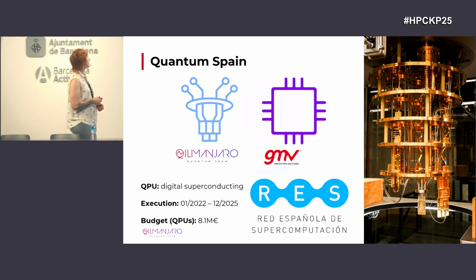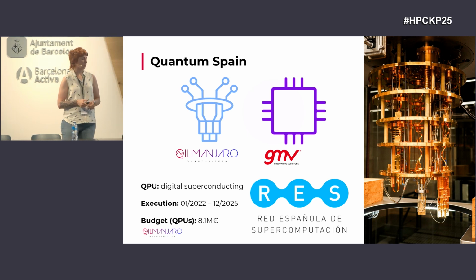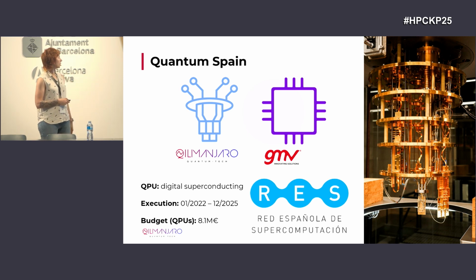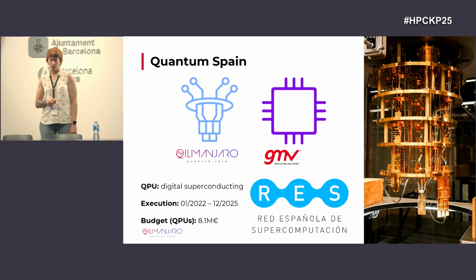Then a classical vendor called GMV did the interconnection with the cluster and all the communication between the cluster and the QPU. Just out of curiosity, the installation of the QPU cost 8.1 million euros, and is managed by the Red Española de Supercomputación.